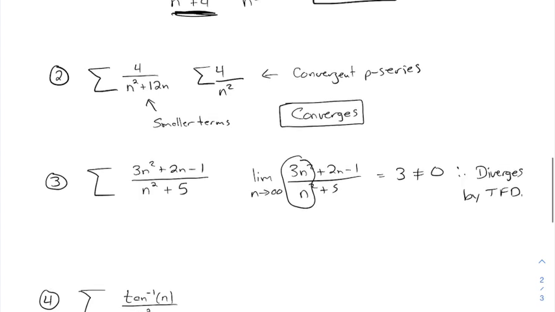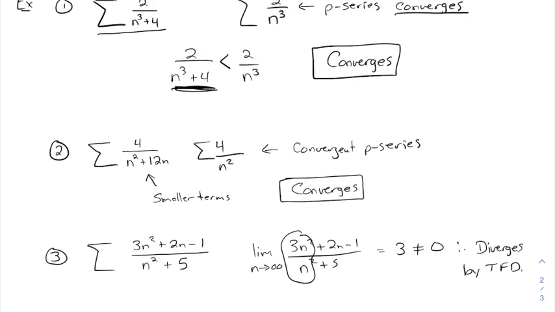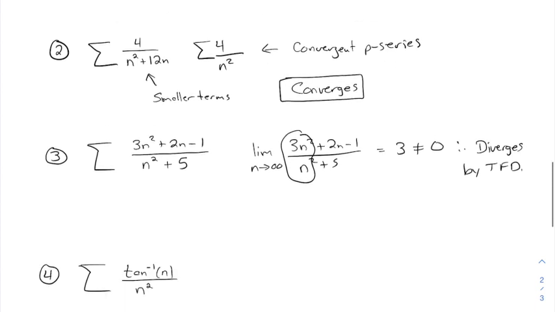I didn't write that out on the previous 2 examples, but I sort of mentally did the test for divergence on those, because on example 1 here, when n goes to infinity, this term goes to 0. And same here. When n goes to infinity here, the term goes to 3. So you're eventually adding up an infinitely long stack of numbers that are essentially 3, so it diverges to infinity.